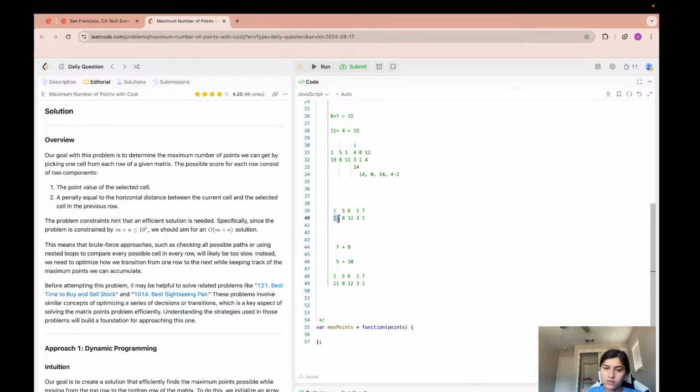So suppose I start from 11 and go down, then 11 would be the highest, right? From 8 will be the highest. From 12 3 1. And then if I go from 1 and select 12, then it will be 12 plus 1. If I go from 5 and select 12, then it will be 12 plus 5, minus the distance as well.